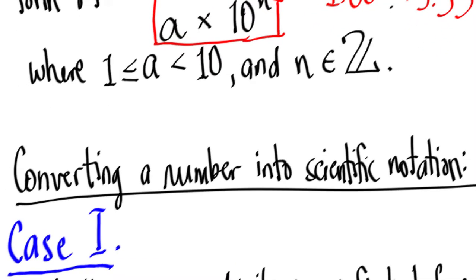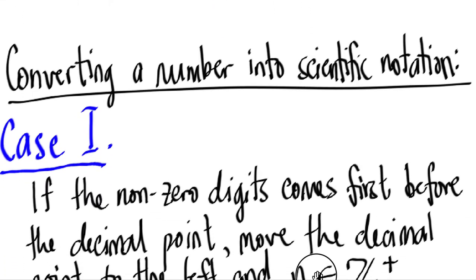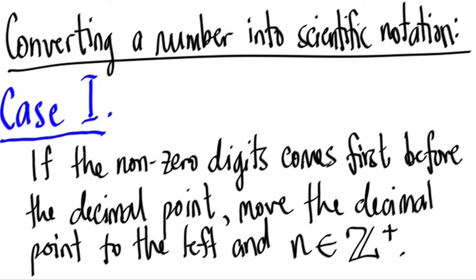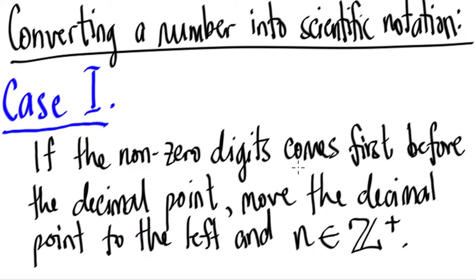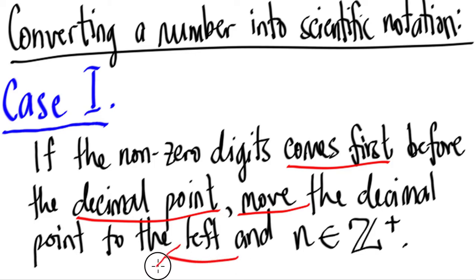Case one is this: if the non-zero digits, meaning digits which are not zero, come first before the decimal point, we must move the decimal point to the left, and n must be a positive integer.